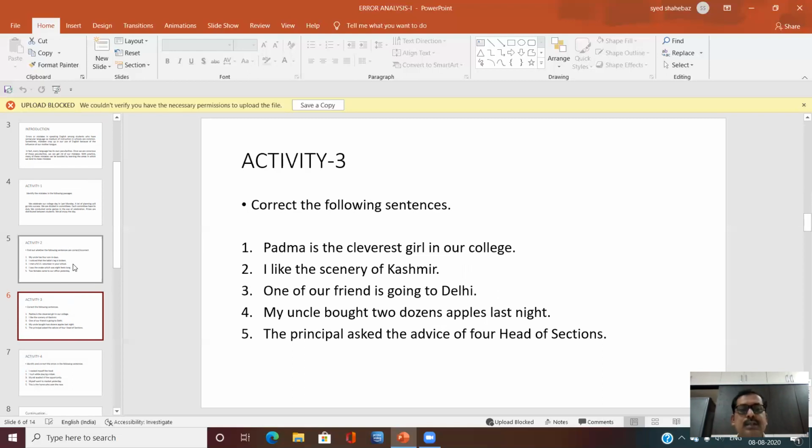First sentence in activity 3. Here, the adjective is cleverest. The adjective is in superlative degree.